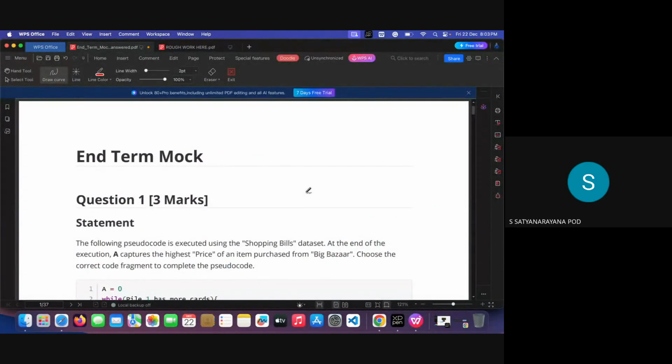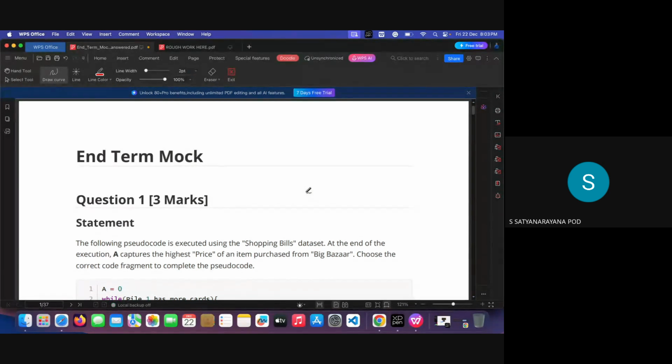So we are almost at the end of the term, and we have a mock end term test, that question paper or assignment. I think you have tried it. Today's session is completely focused on each question of the mock term examination, whatever mock test or mock assignment is given.